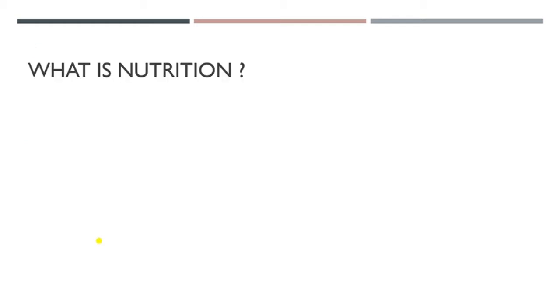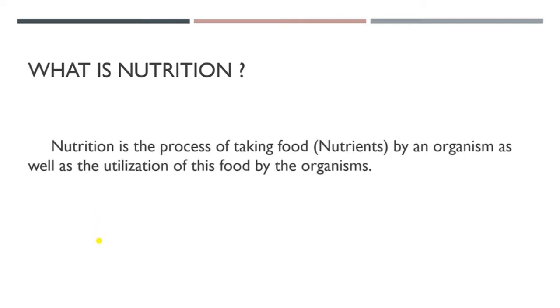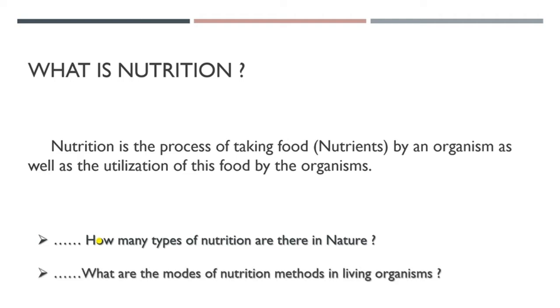What is nutrition? How do you define nutrition? Nutrition is nothing but intake of food by an organism as well as utilization of this food by the organism. How many types of nutrition are there in nature? What are the modes of nutrition in living organisms? On the basis of their modes of nutrition, all living organisms are divided into three groups.